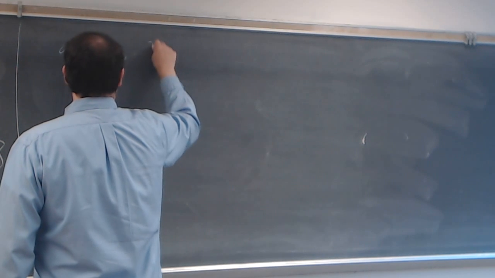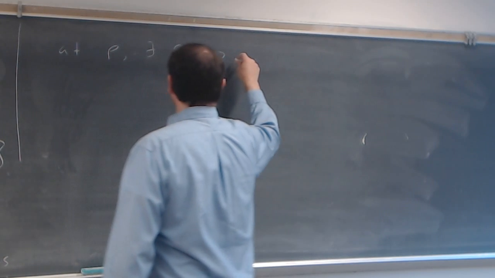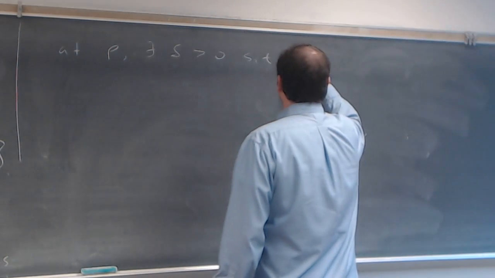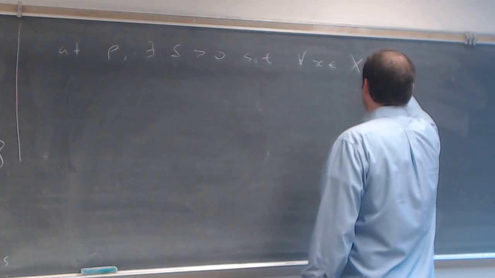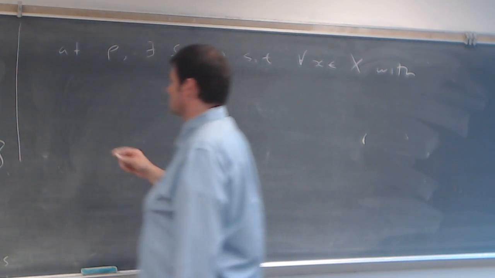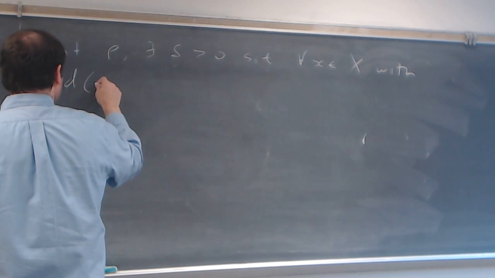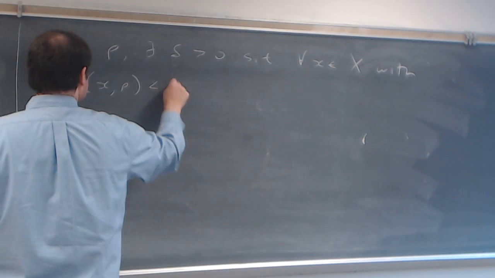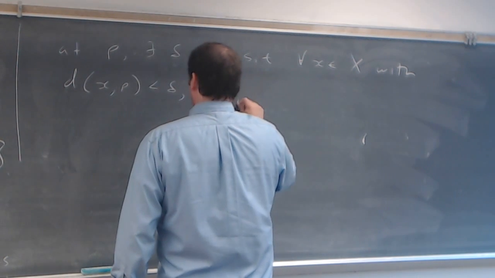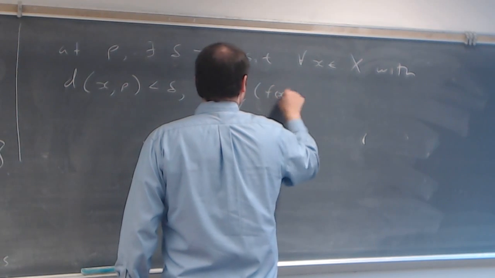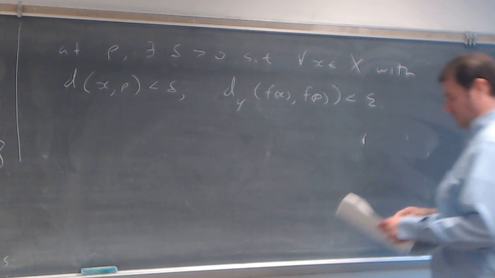Then there exists a delta bigger than 0, such that for all little x element of big X with the distance between x and p being less than delta, then the distance in Y between f of x and f of p will be less than epsilon.